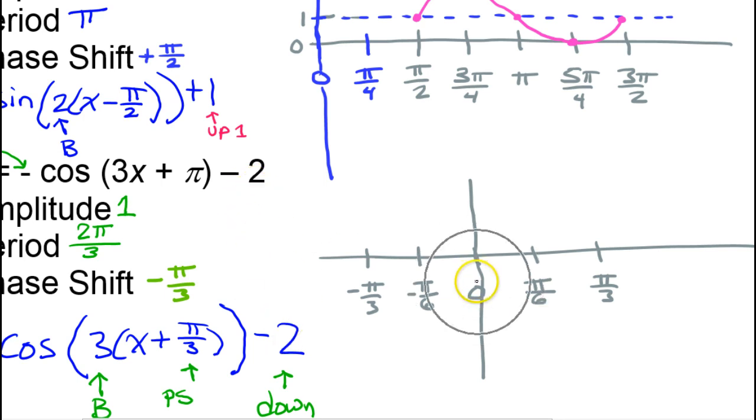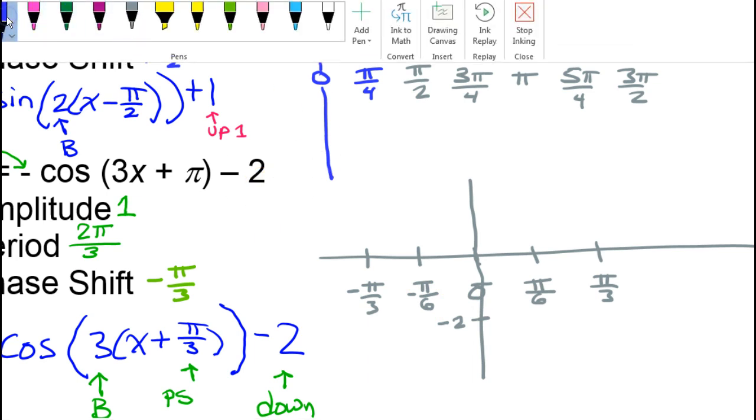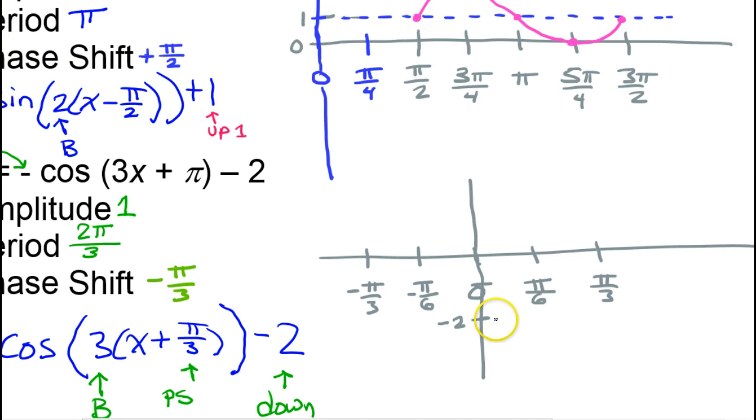So if this is negative 1 and this is negative 2, let me go ahead and put a little negative 2 right here. So this should be the midline because of this vertical shift. Like it did on the previous problem, I'm going to use a dotted blue line to represent the midline. So this is the midline.